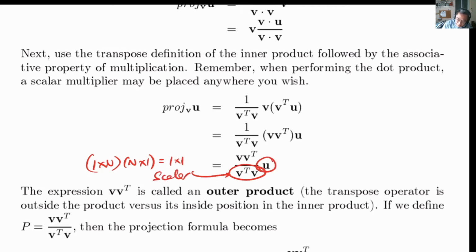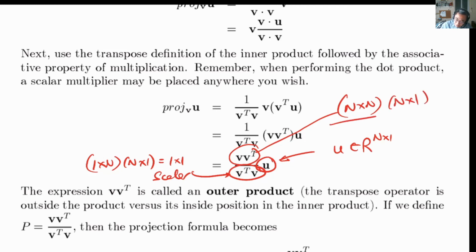What about this guy? U is also in R^n, n by 1, a column vector. So remember, this is an n by n matrix multiplying by n by 1 dividing by a scalar.